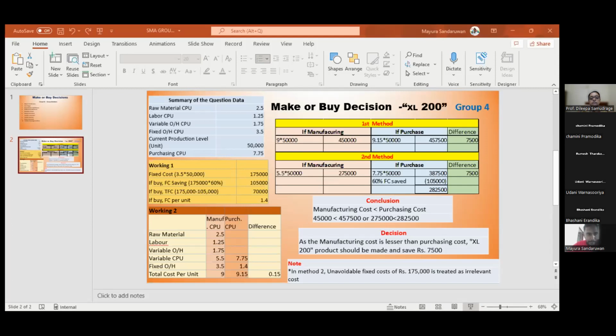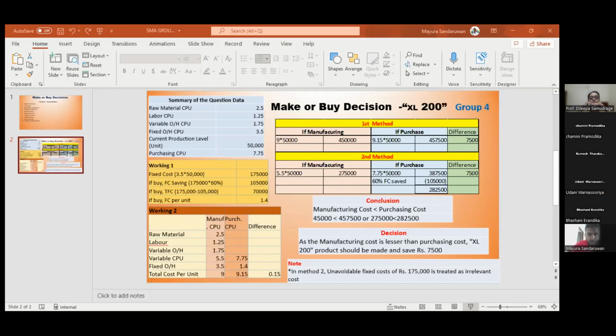In our first working, we computed the fixed cost that has to be incurred if we purchase from outside. Total fixed cost is 175,000. If we buy, we can save 60%, that is 105,000. That means anyhow we have to bear 70,000 of fixed cost.